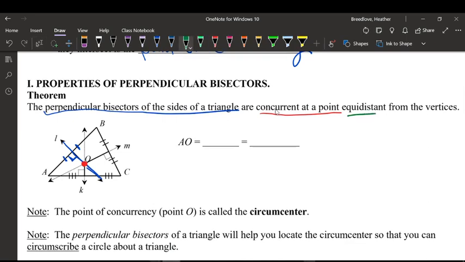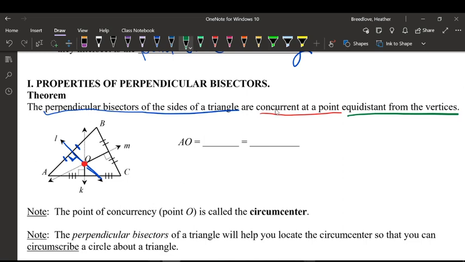Equidistant. You might already figure out that means equal distance, right? From the vertices. Vertices is just plural for vertex. You have one vertex, you have three vertices. So after you draw three perpendicular bisectors, wherever they meet, that point of concurrency is going to measure equal distance from each angle, each vertex.